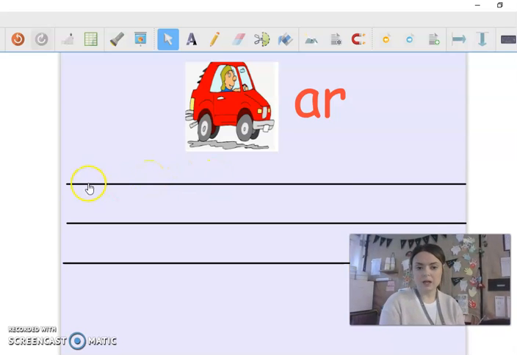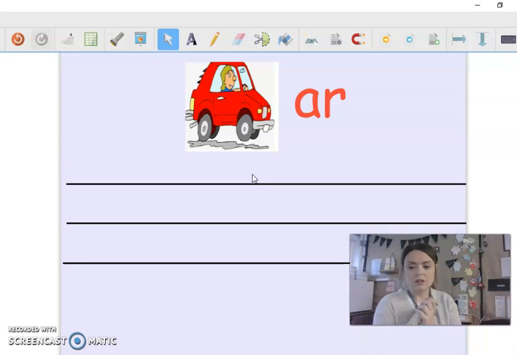Now write your very own sentence. Remember your capital letters, your finger spaces to see each word clearly, and your punctuation. You could use a full stop, or you could use a question mark like me if you are asking a question. Always reread your sentence to make sure it makes sense.